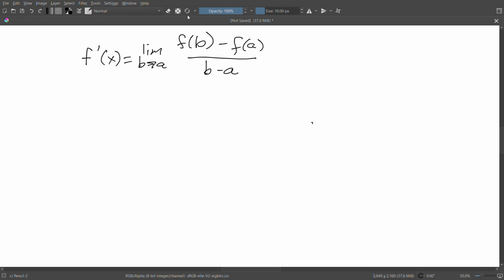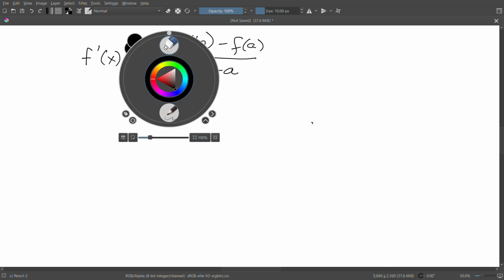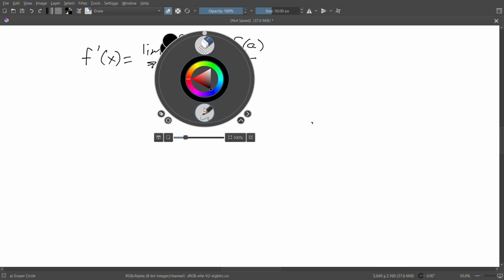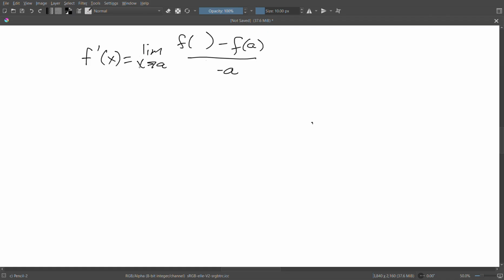But in order to make this look more like the definition of a derivative you'll see in textbooks, we're going to change something. Let's change this b to an x, just because we want this to be a function of x. We could have called it x the whole time, but it would have been a little bit confusing. Now this makes sense.